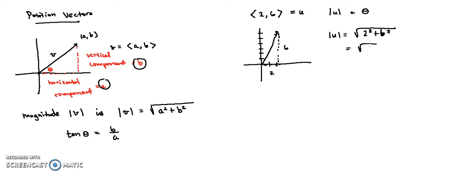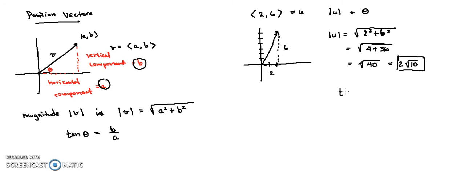So that's going to be 4 plus 36 is square root of 40. We can write it like that, or we can write it as 2 square root of 10. I'm not too picky either way. Okay, so if we pull the 4 outside, square root of 4 is 2. All right, so there's our magnitude of u.